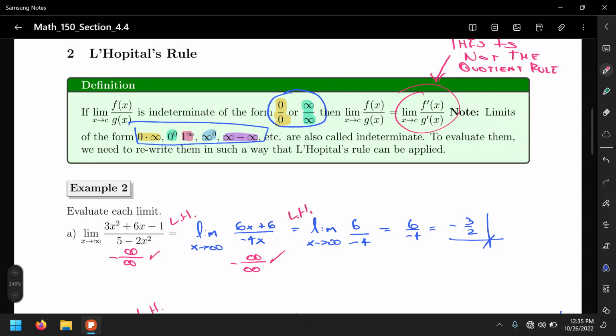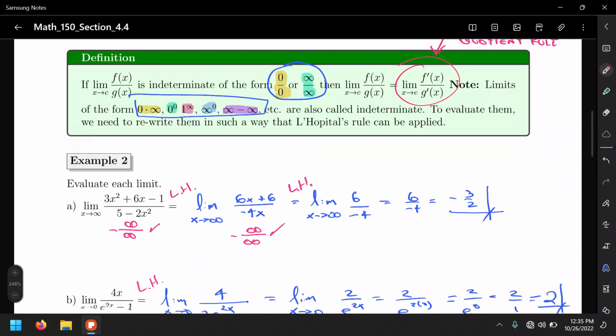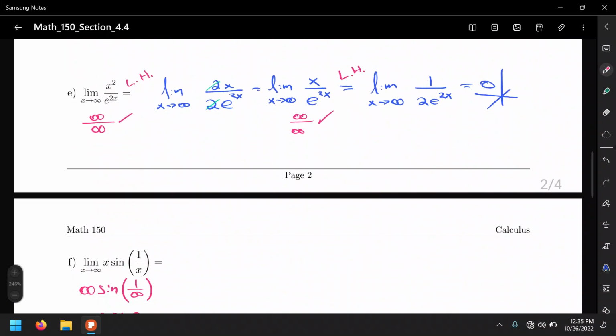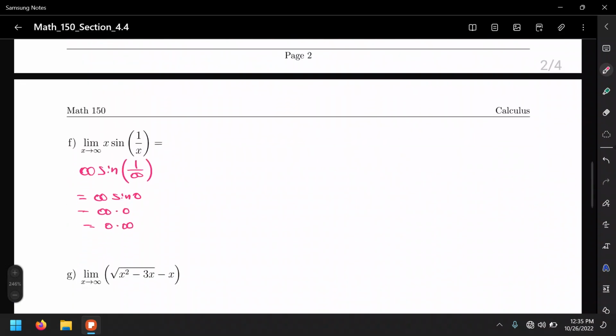That works whenever we have the quotient of two functions, not necessarily a rational function, because a rational function is the quotient between two polynomials, and it's not limited to rational functions, but quotients of functions in general. However, the limit we're given here doesn't look like a quotient of functions, right? In fact, it's a product of functions. So we need to rewrite this limit.